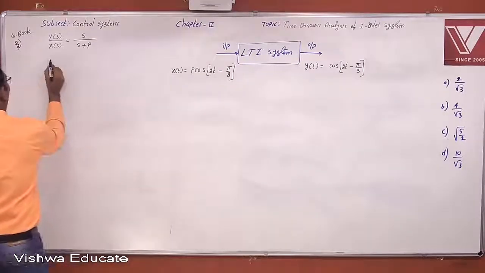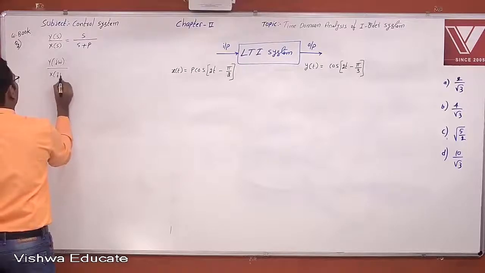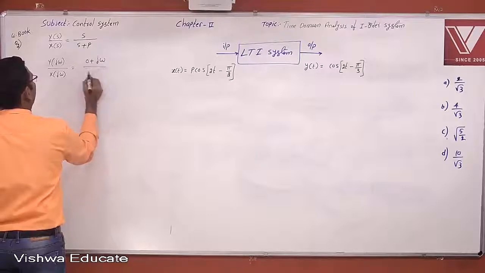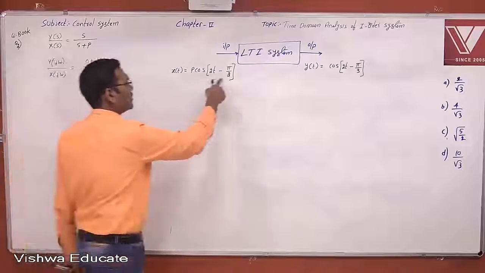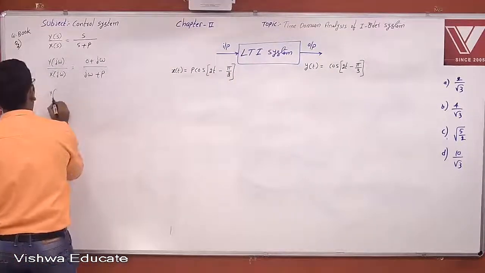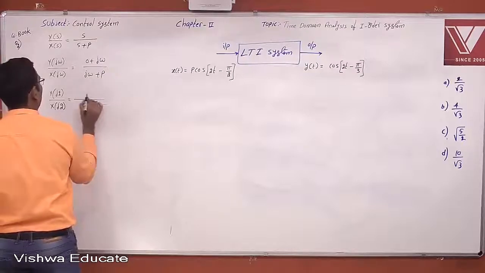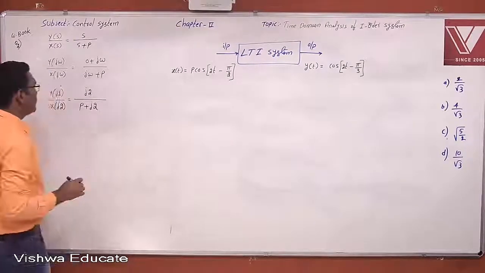Y of j omega by X of j omega equals 0 plus j omega by j omega plus p, where omega equals 2 radians per second. Therefore Y of j2 by X of j2 equals j2 by p plus j2.